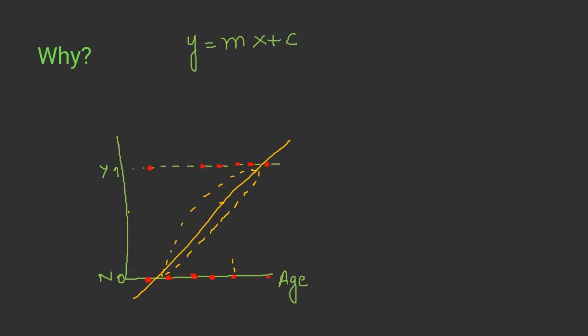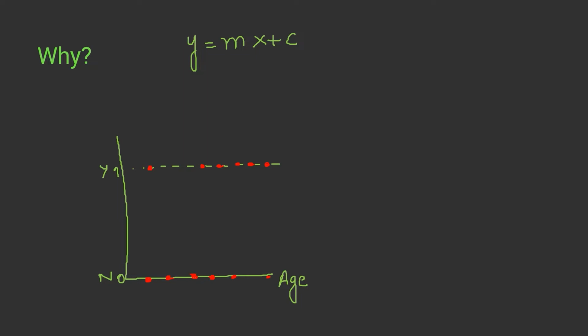But in this part of the hypothesis, our age can't be negative, and in this case our probability can't be greater than 100, right? So how is this even possible? This can't be possible. So what we have to do in this case is work using logistic regression.